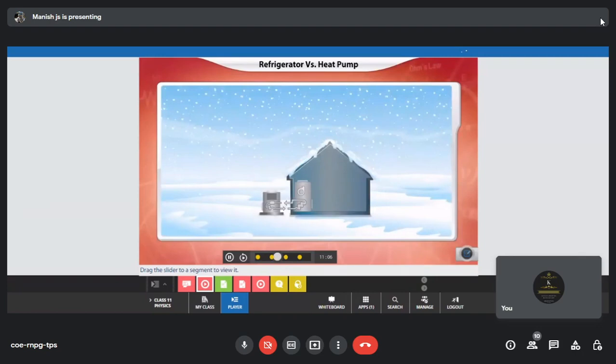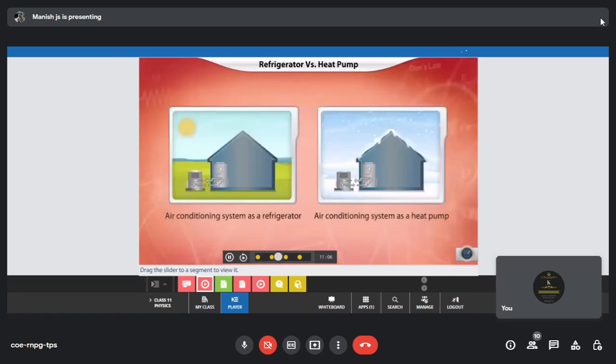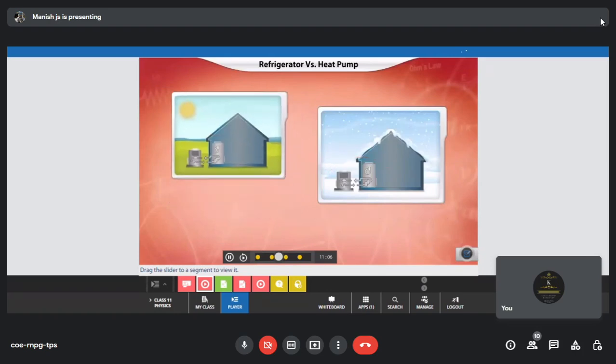On the other hand, a heat pump is used to pump heat into a portion of space like a room when the outside temperature is low. In simple words, an air conditioning system works as a refrigerator in summer and as a heat pump in winter.